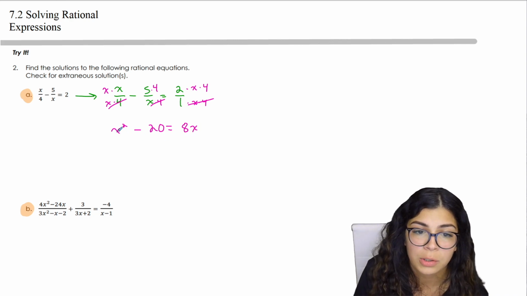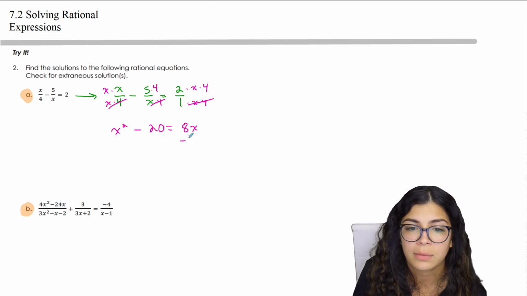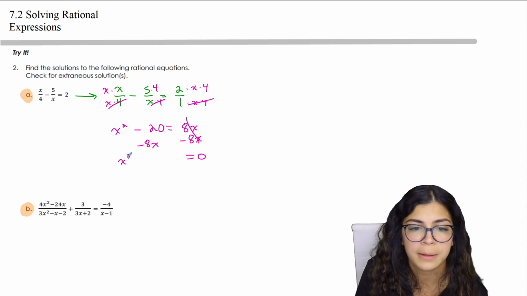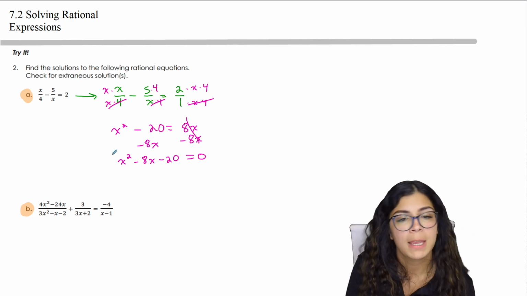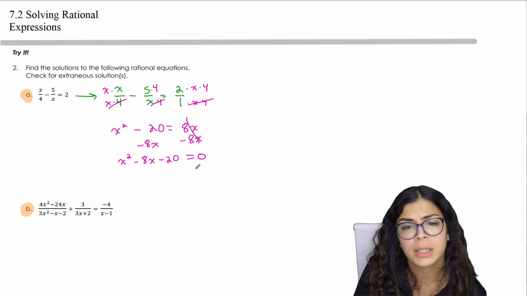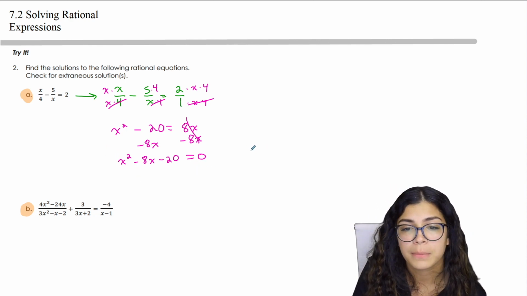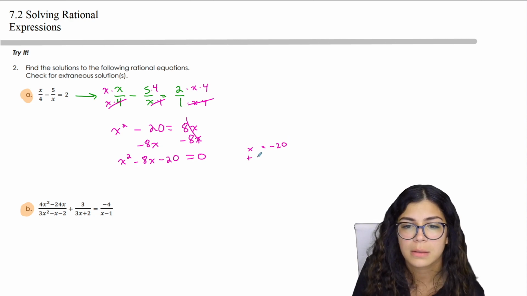This will be a quadratic, right? X squared, so I'm going to have to bring the 8x over to the other side to get this equal to 0. So I could try to solve this guy. X squared minus 8x minus 20. Okay, and I'm going to try factoring with this one. Multiplies to -20 and adds to -8.